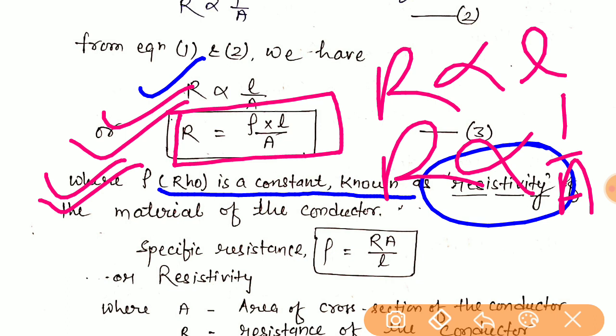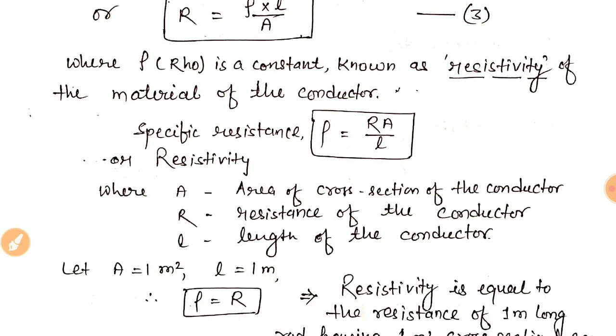So from this formula we can define specific resistance as rho equal to RA upon L. This is the quantity which determines the specific resistance of a given conductor on the basis of its resistance, area of cross section, and length of the conductor.